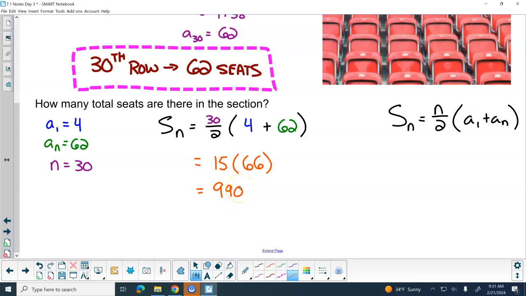Well, it sounded like you said 190. Oh, okay. I didn't hear the 9 part of it. Whoa, like the last 3 rows, there's 190 seats. Okay? So there are 990 seats in this section.